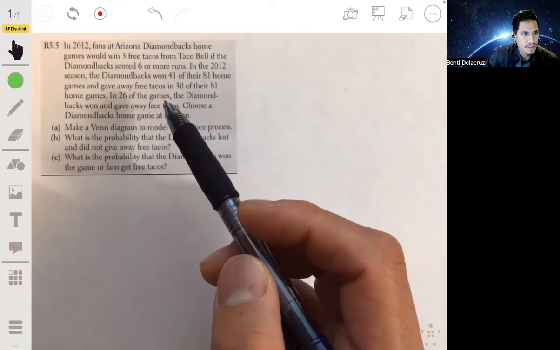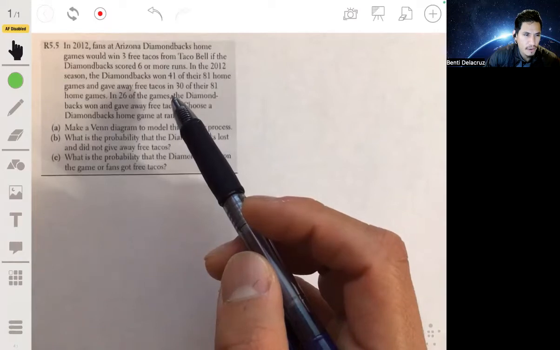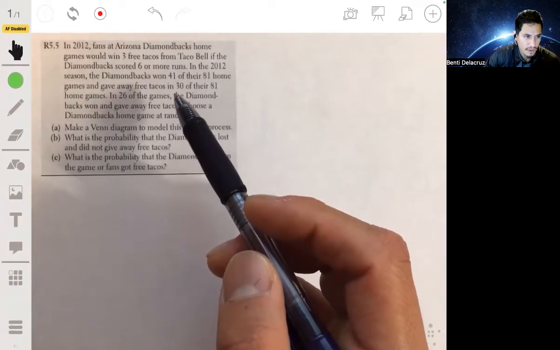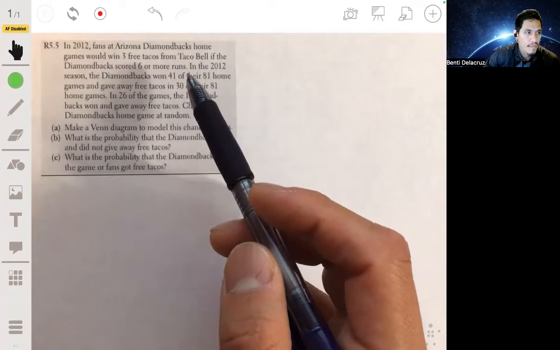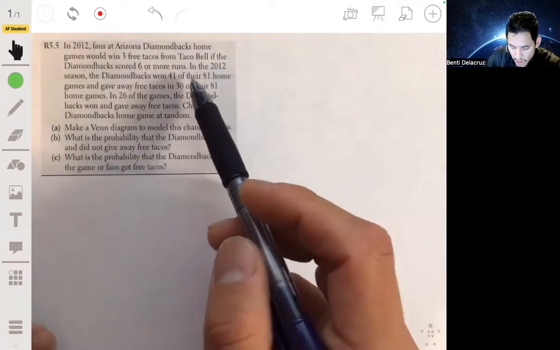I find that it's usually easier for students to understand because it's easier to figure out where the numbers go, and it only takes a little longer. But again, the point is to understand this, so let's go about it that way.